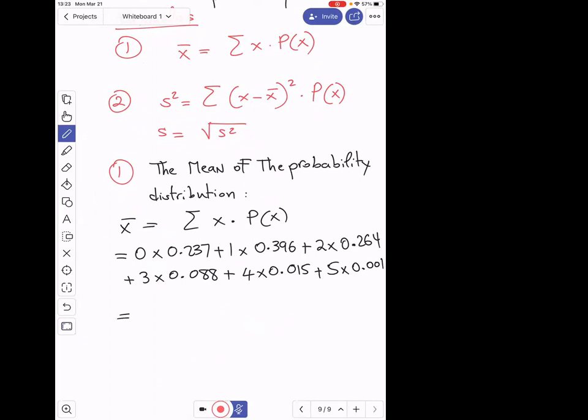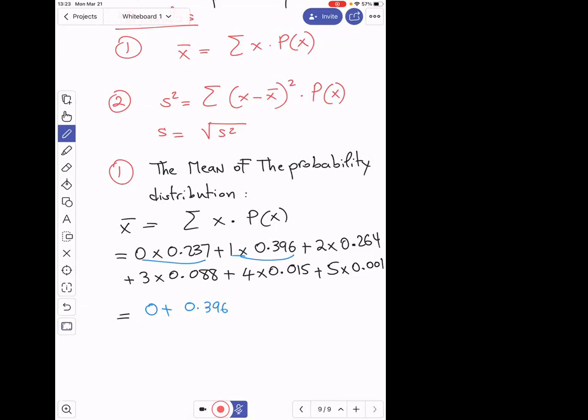So we do the multiplication first, right? PEMDAS rule: multiply first, and then we add. So here, 0 times 0.237 will be 0. Plus 1 times 0.396, so that's 0.396.